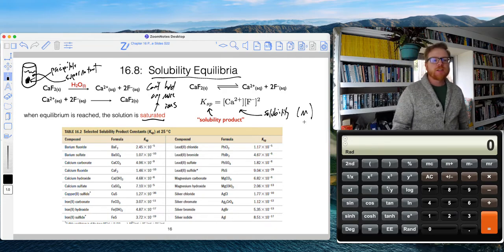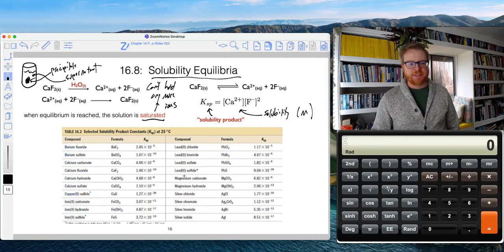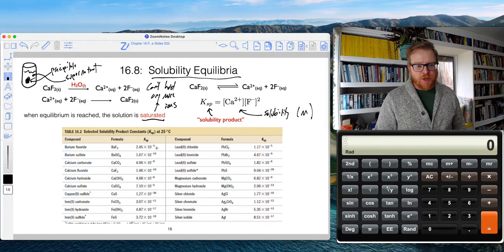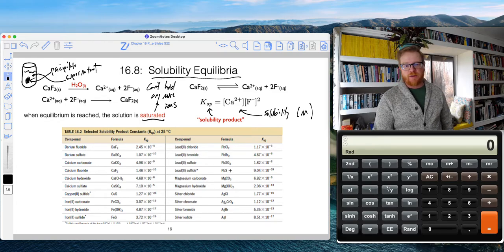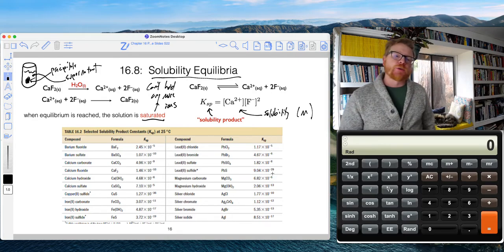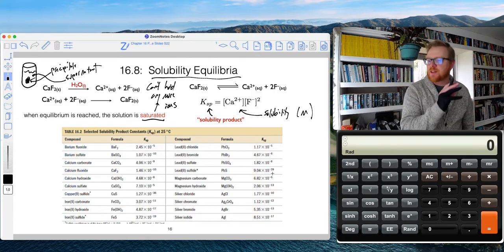All right. So here I've got a whole bunch of KSP values and various solids listed. And what you'll notice about all these KSP values, they're all really tiny. I mean, look at this. Copper 2 sulfide, 10 to the minus 36. That's crazy. Or even lead 2 sulfide, 10 to the minus 29. So this means the equilibrium position is strongly on the left.